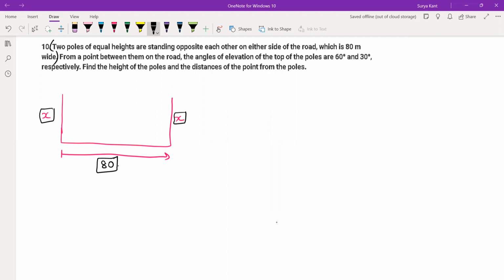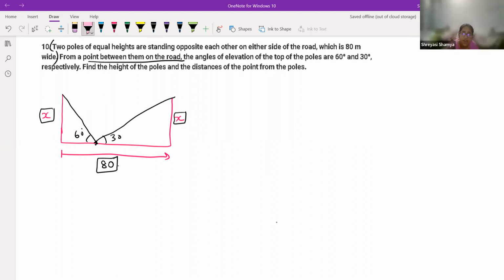It's not saying exactly between. Between means anywhere on the road. It may be here. So one part will be 30 degrees and the other part 60 degrees. So we have to find.